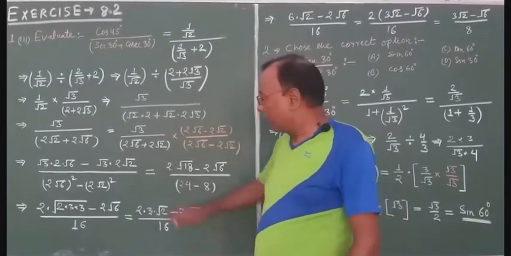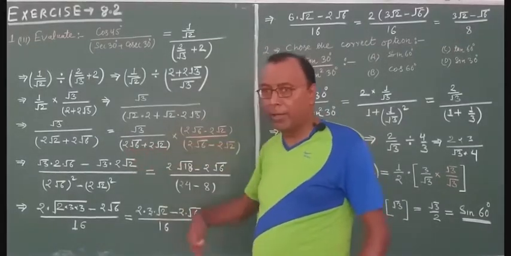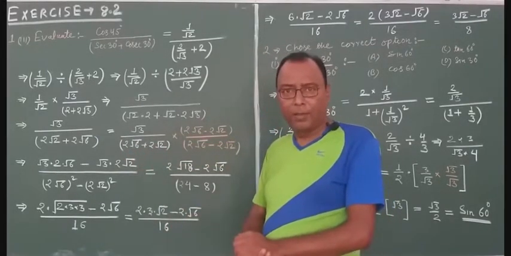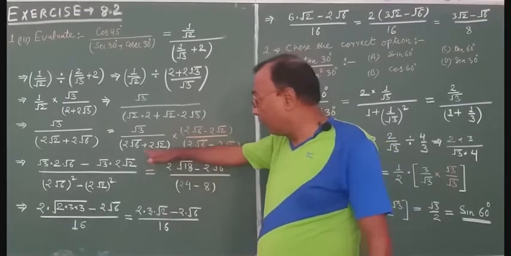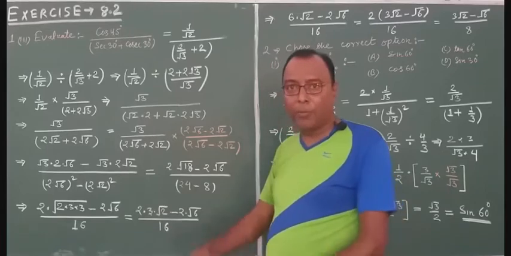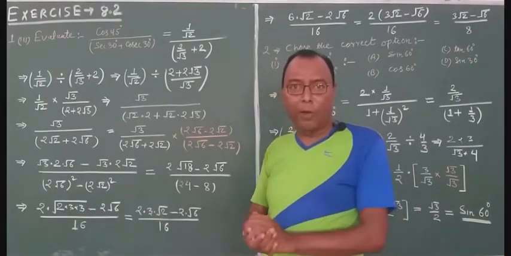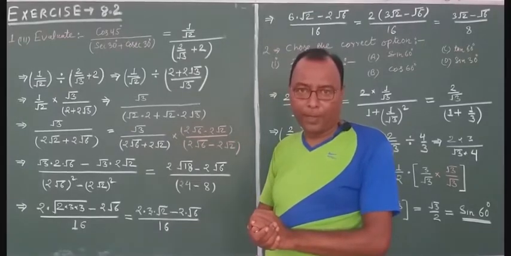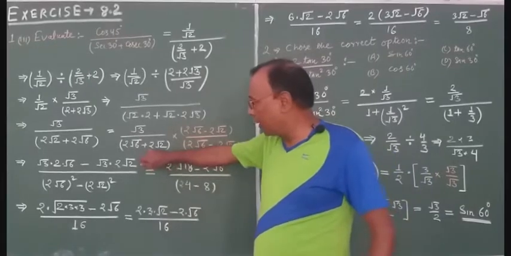Now just look here. Our denominator is irrational, so we will rationalize the denominator. What do we have to do for that rationalization? We will multiply with the rationalizing factor of the denominator.